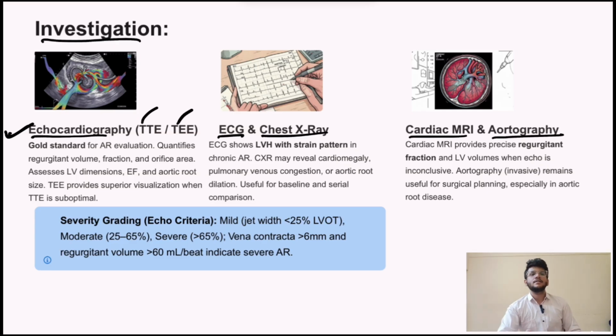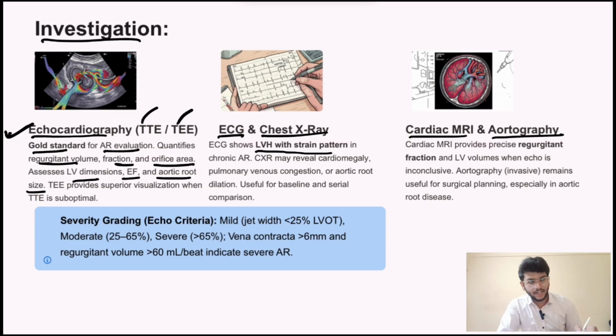The gold standard here is echocardiography, transthoracic or transesophageal, for aortic regurgitation evaluation, wherein the regurgitation volume, the fraction, the orifice area, LV dimensions, ejection fraction, aortic root, etc. are all documented in echocardiography.